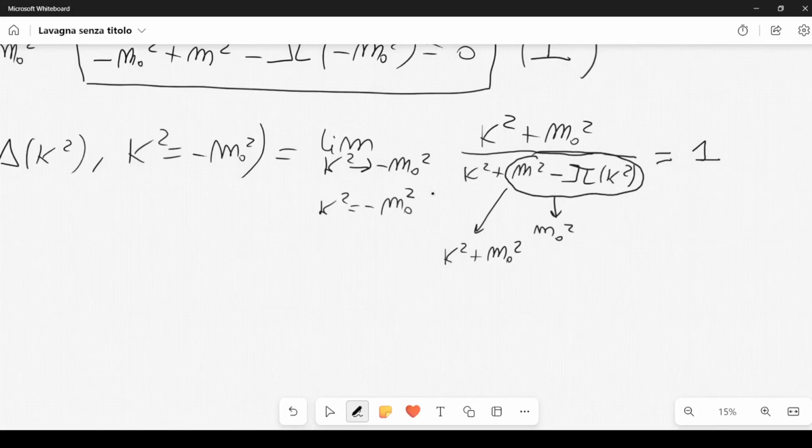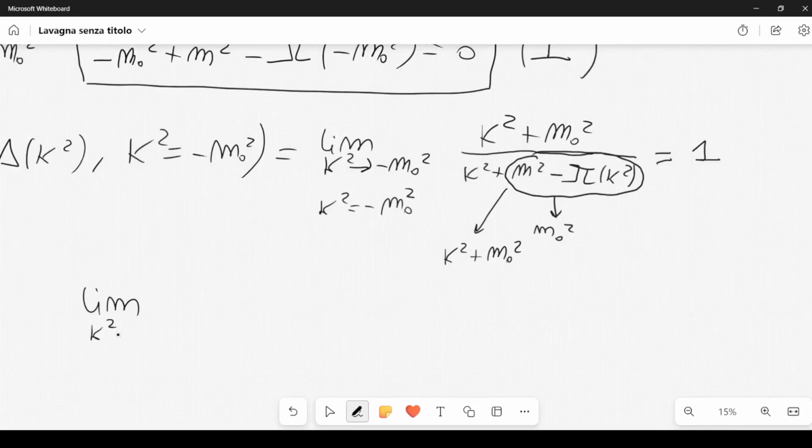In particular, if you rewrite this limit by using the L'Hopital rule, you can take the derivative of the numerator with respect to k squared and also the derivative of the denominator with respect to k squared, because as you let k squared go to minus m0 squared, you get 0 divided by 0, so it's an indeterminate form, and therefore that limit can also be rewritten in the following way.